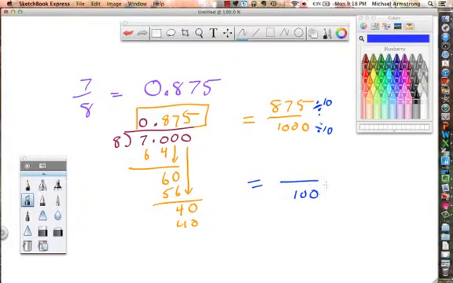That's 100. Okay, and if it were 870 divided by 10, it would just be 87. But since it's 875 divided by 10, what we have to do is sneak a decimal in there. So 875 over 1,000 is the same as 87.5 over 100.